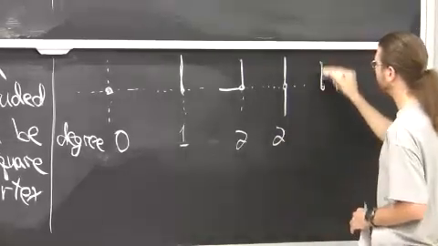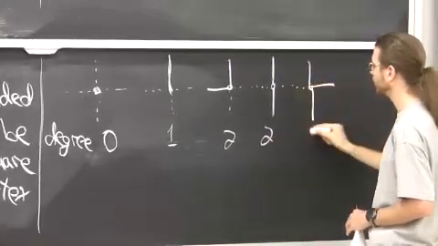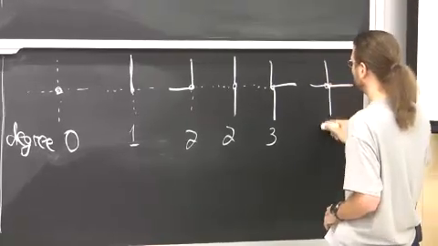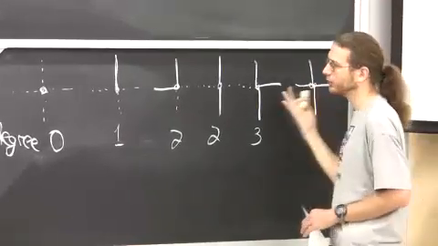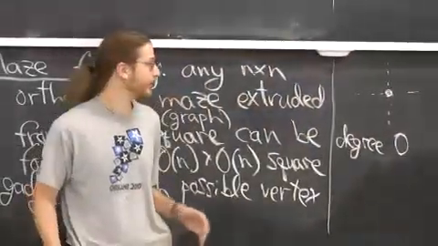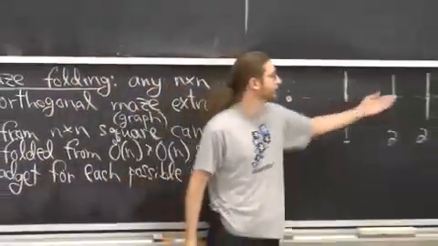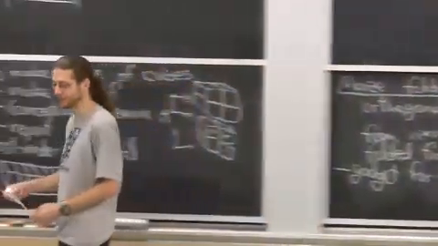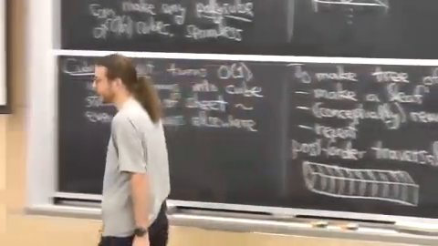You could have 3 incident edges, or you could have 4 incident edges. So that's all the possible vertices in an orthogonal graph. And we're just going to make a crease pattern, a folding, for each one of these, and then just combine them together. Now, it takes a lot of care in designing those patterns so that they actually fit together.